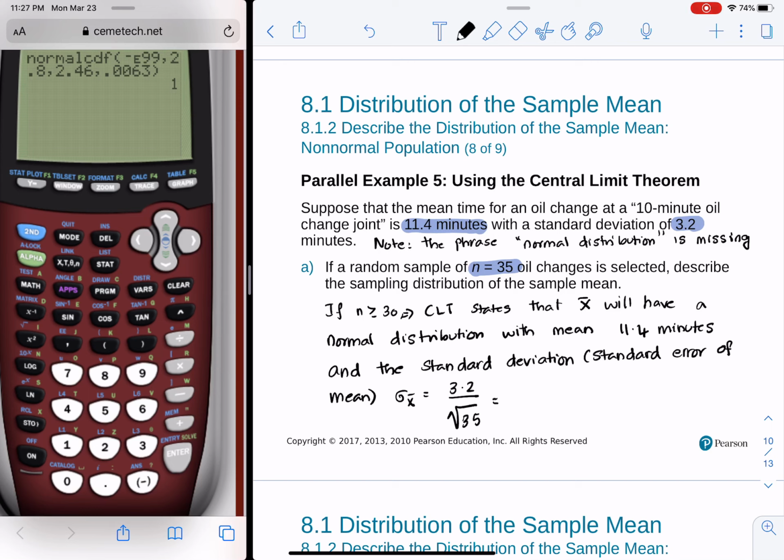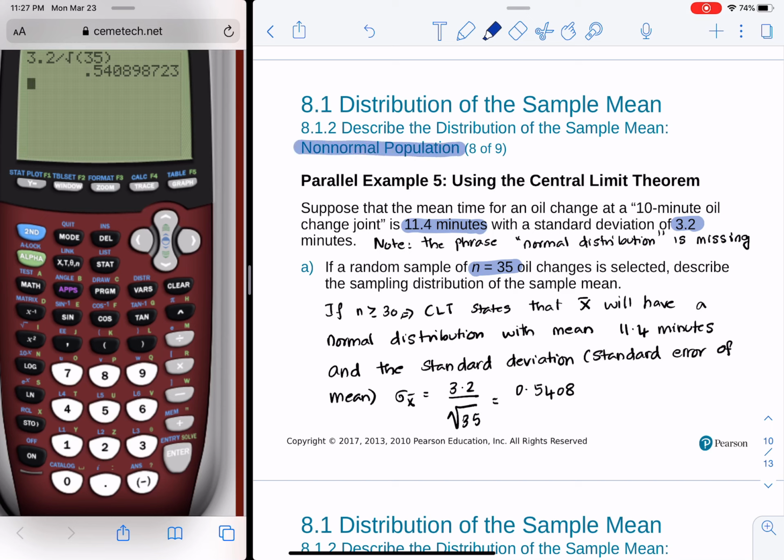So 3.2 divided by square root of 35, and we end up getting 0.5408.